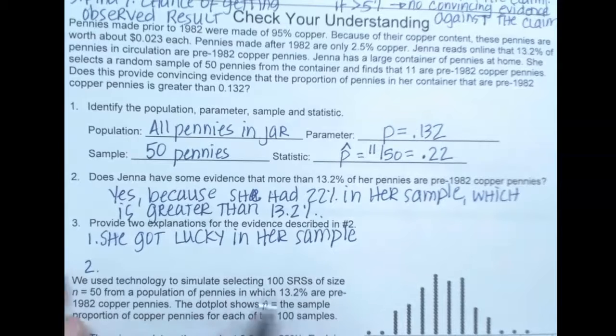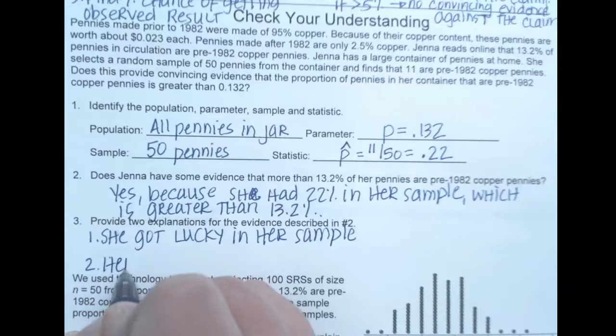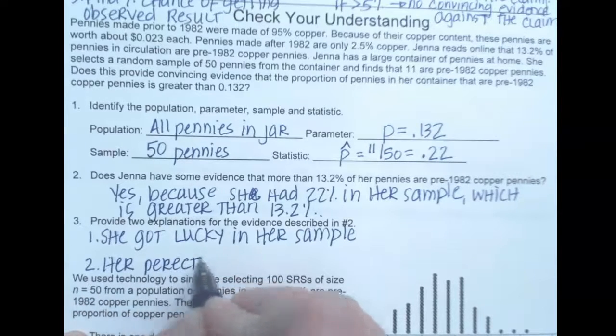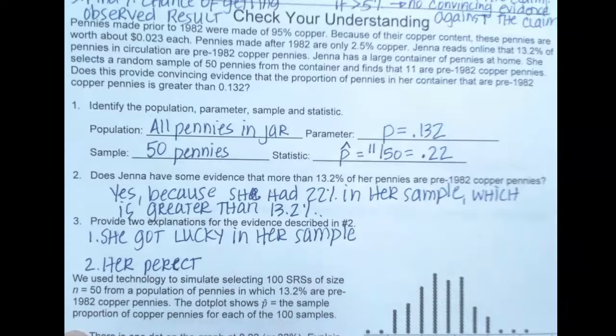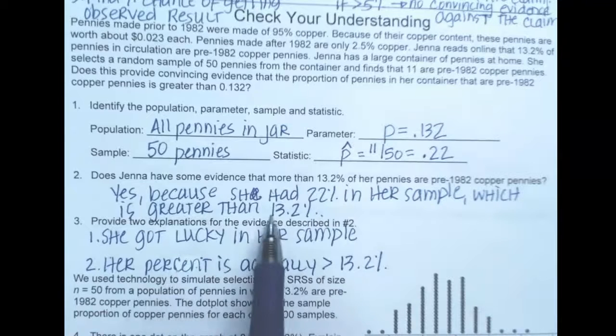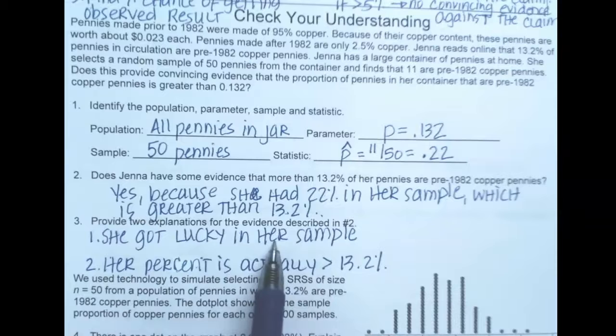That's what it's coming down to. So she either got lucky, or her percent is actually greater than 13.2. So these would be like our hypotheses. She's claiming more. So she either got more purely by chance, or she actually does have more. Those are really the two ideas behind here.